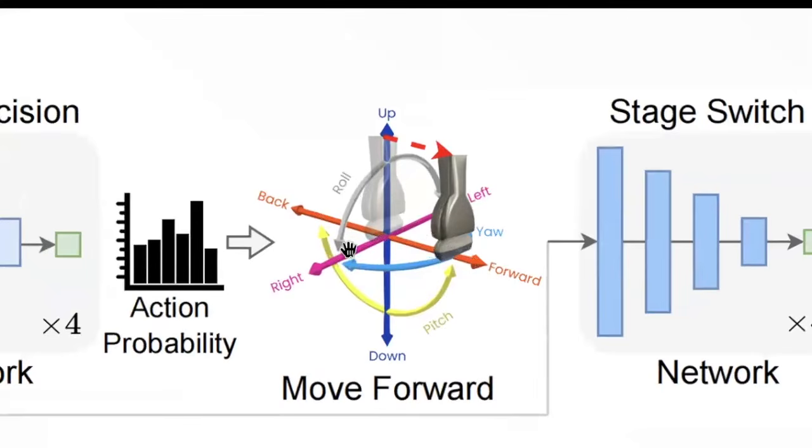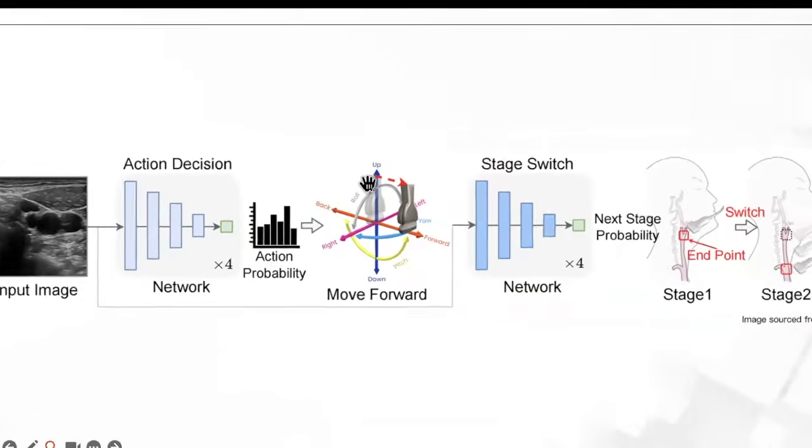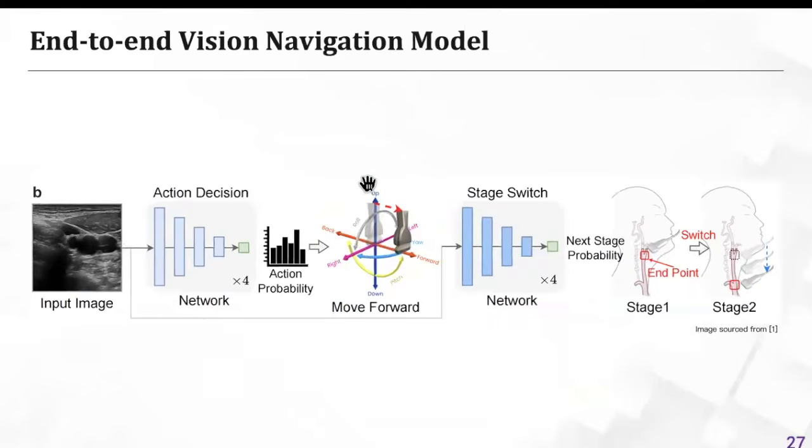I guess the idea is that you are supposed to have started with enough force into the neck that you always start with an ultrasound image as input? Because if you're not on the skin, there's nothing on the ultrasound, how do you decide what action to take? Yeah, that's a good question.